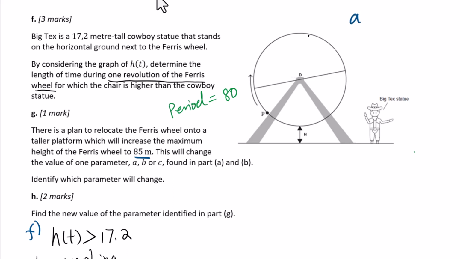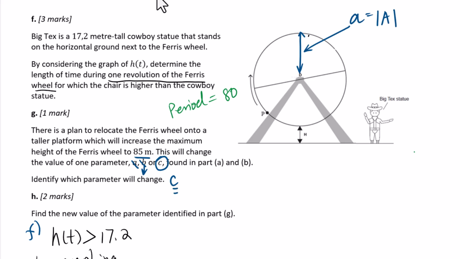We do know A is the amplitude, meaning the radius of the wheel. The radius of the wheel won't change, so A won't change. For B, it's dealing with the period. We only increase the platform, which won't change the period, so A and B won't be changed. Only C will change.